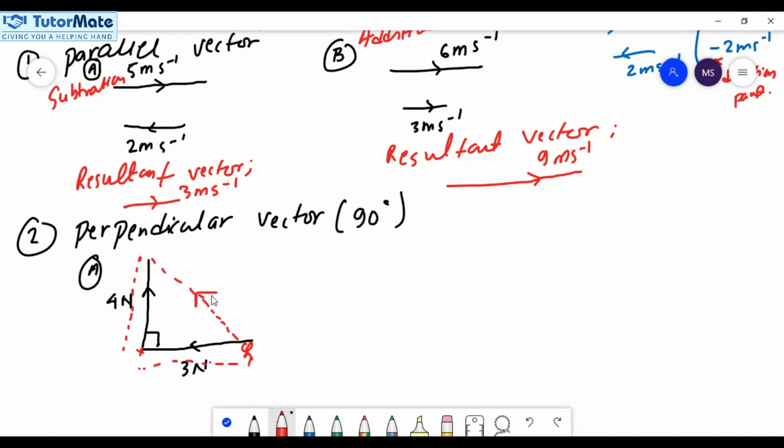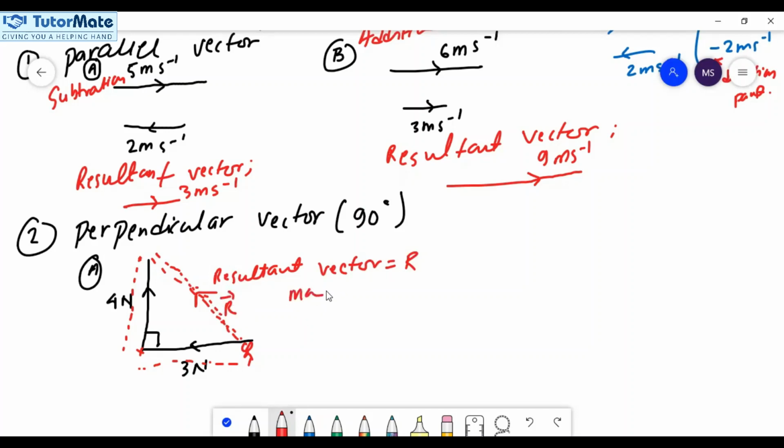Since the vector is always the shortest path, the red double dotted line is the shortest path, so this can be mentioned as the resultant. The resultant vector here I can denote with R. You can give the direction also.